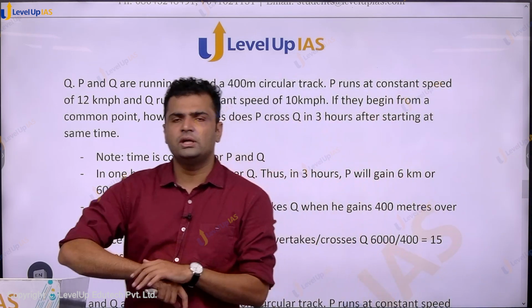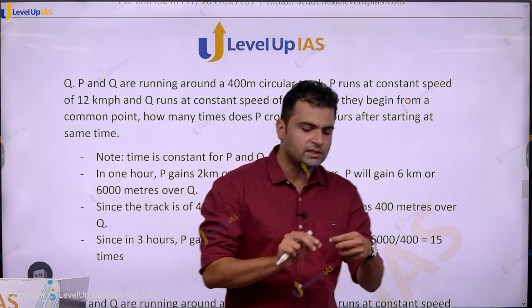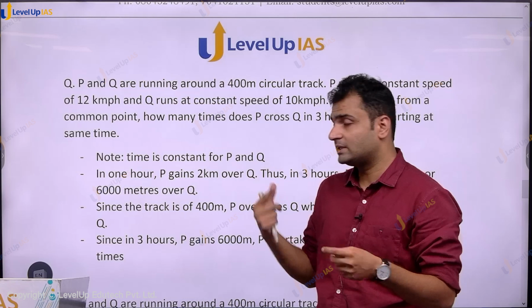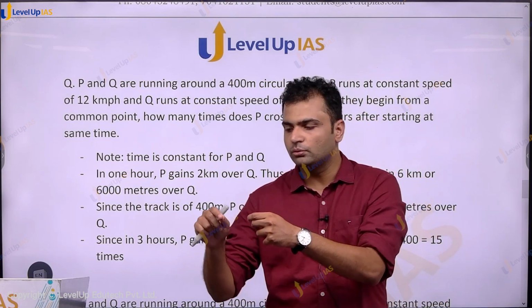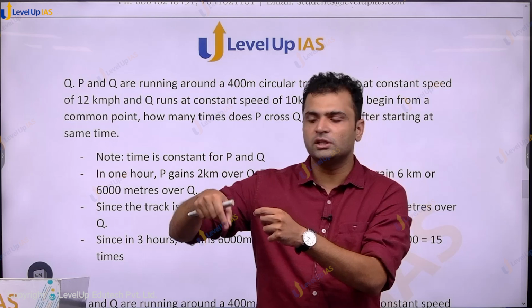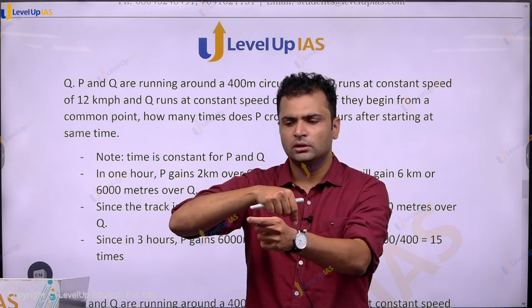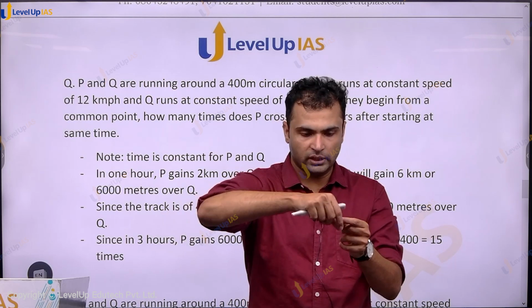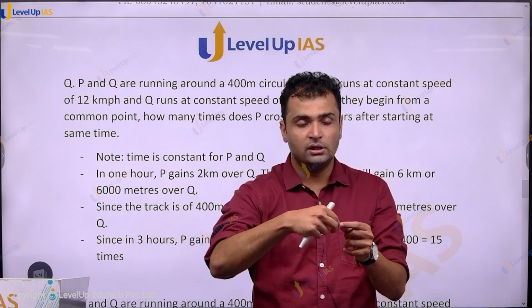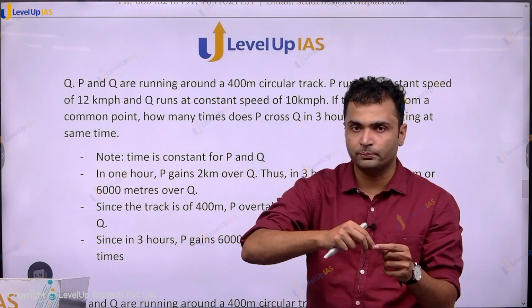Firstly, what you need to understand is, what do we mean by crossing? Let us say P and Q start. P is faster here, so P will immediately go ahead. Q will follow. So the distance between P and Q will increase because P is faster. He will go on, and after some time, P will again come from behind and meet Q. That is when we say P is crossing Q, right?